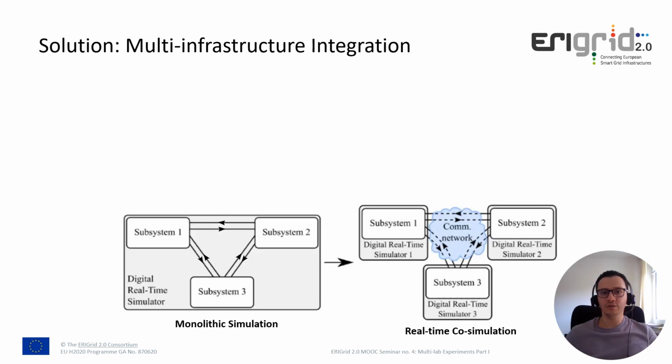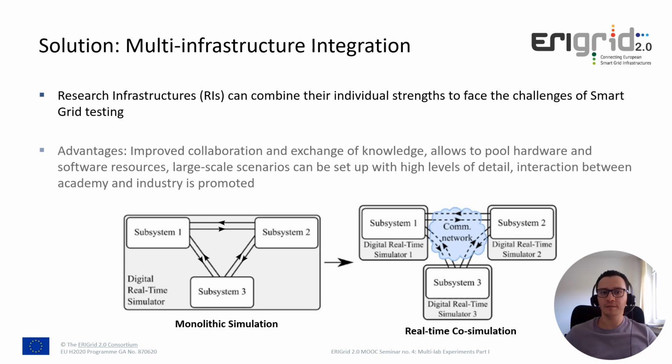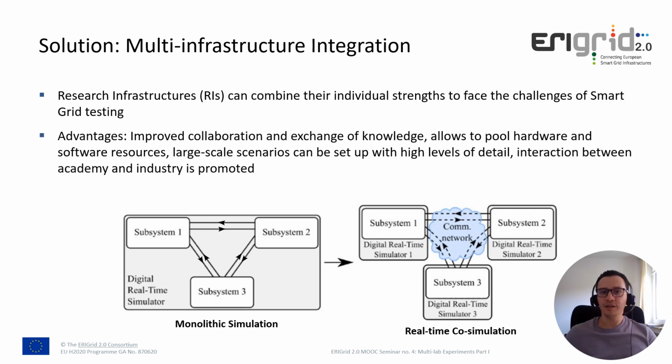An interesting solution consists in integrating multiple research infrastructures. Given the multidisciplinary nature of smart grids, multiple research infrastructures have developed expertise on a particular topic. The idea consists in coupling the simulators and devices found in these laboratories so that more complex scenarios can be built.